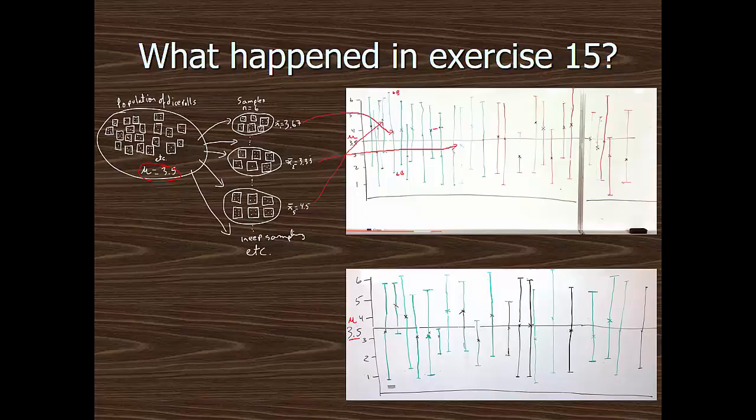And each of these is one of the X bar 7 or something. It doesn't matter what it is. X bar 7, this is X bar 12. So we can number these. Now there's one of them that missed, but every other one had the true population mean in between the lower bound and upper bound.